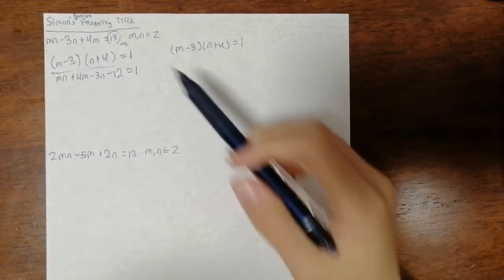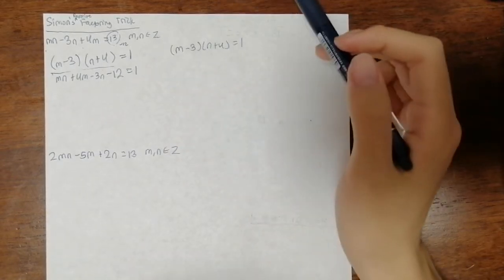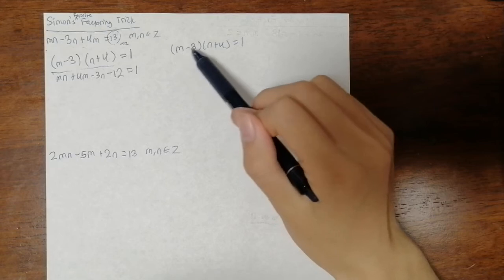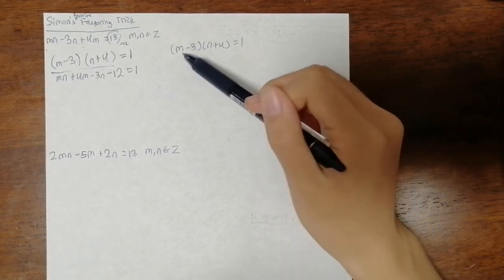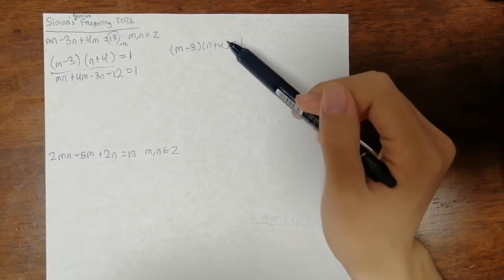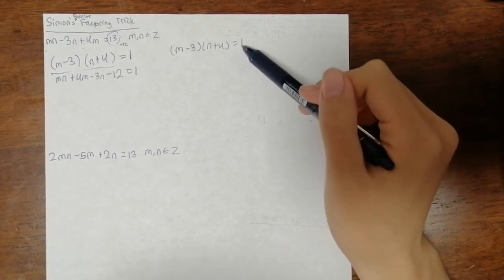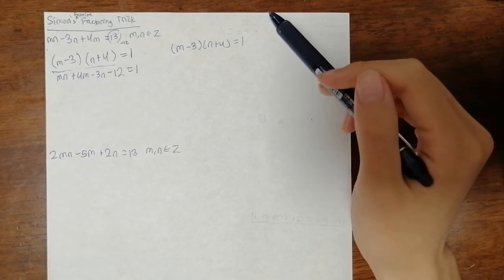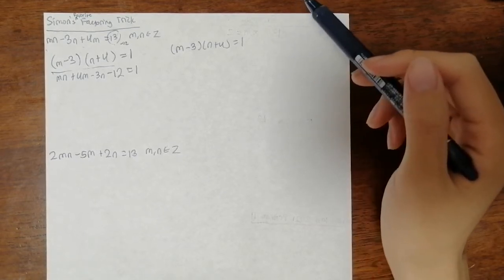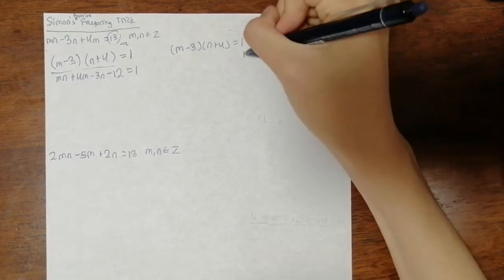So if we know that m and n are both integers, what does that mean about m minus 3 and n plus 4? That means that both of these are also integers, and if they multiply to 1, they must both be factors of 1. And the factors of 1 are only 1.